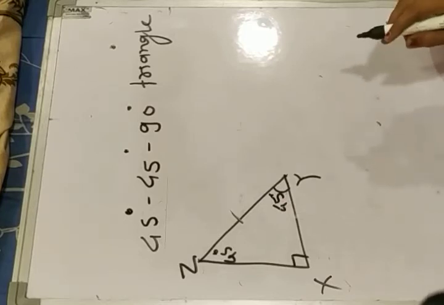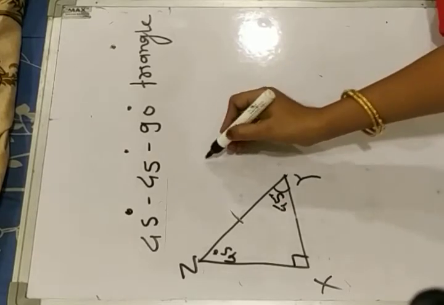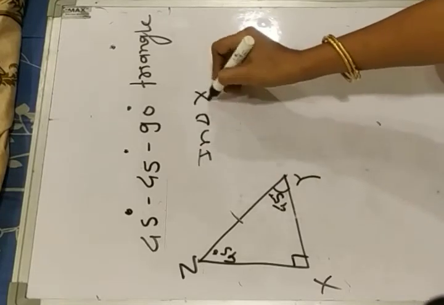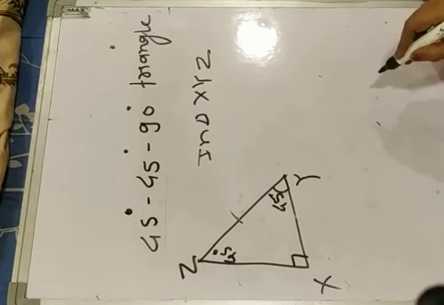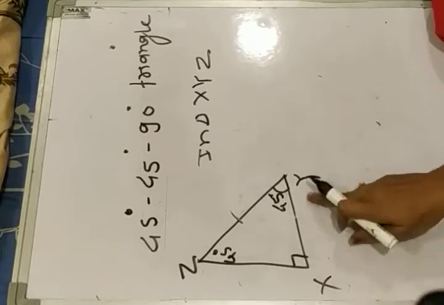Then in triangle XYZ, the perpendicular sides are XY and XZ.